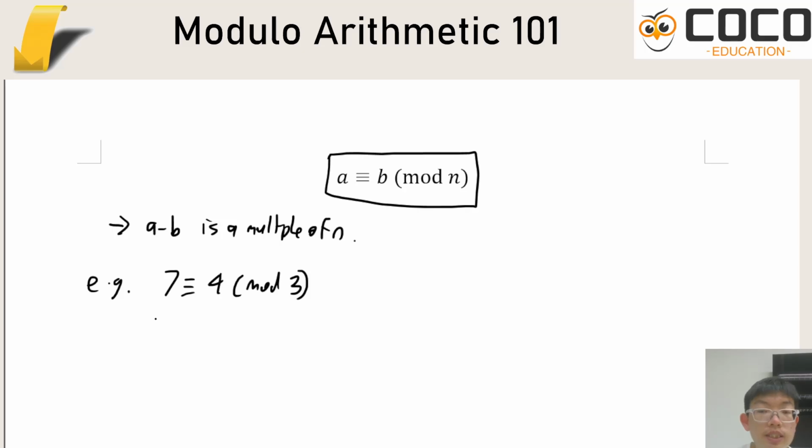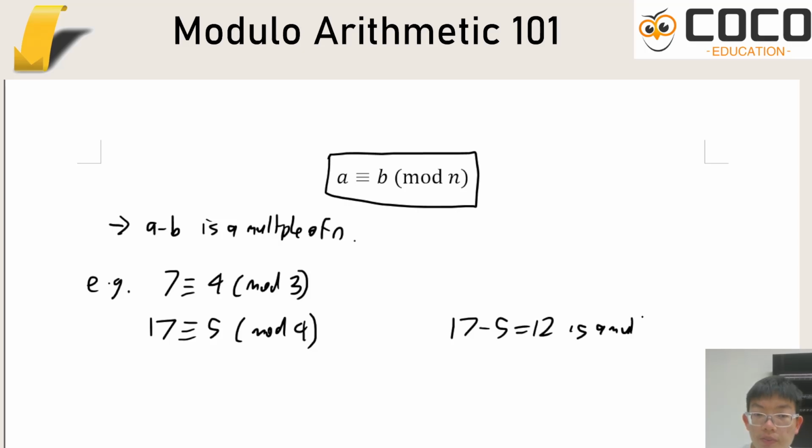I could also say that 17 is congruent to 5 mod 4 because their difference is 12, which is a multiple of 4. So the first thing to know is that this is just a notation.